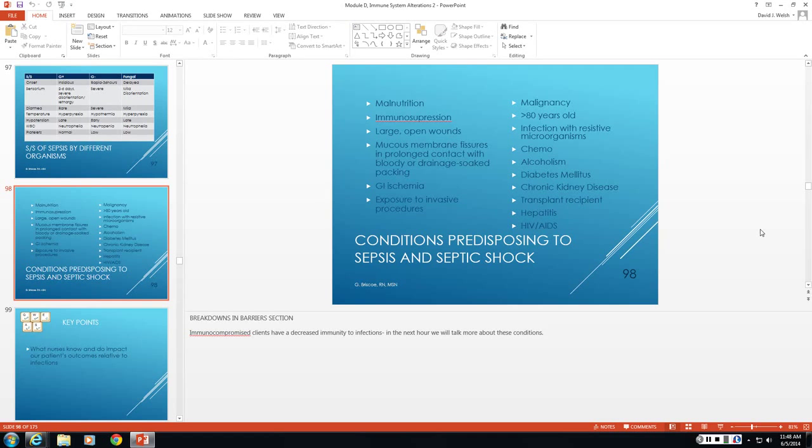Those patients that have malignancies, adults greater than 80 years of age, infection with resistant microorganisms, those going through chemotherapy, alcoholics, diabetics, chronic kidney disease, transplant recipients, those with hepatitis or HIV and AIDS. All those are susceptible to sepsis or shock.